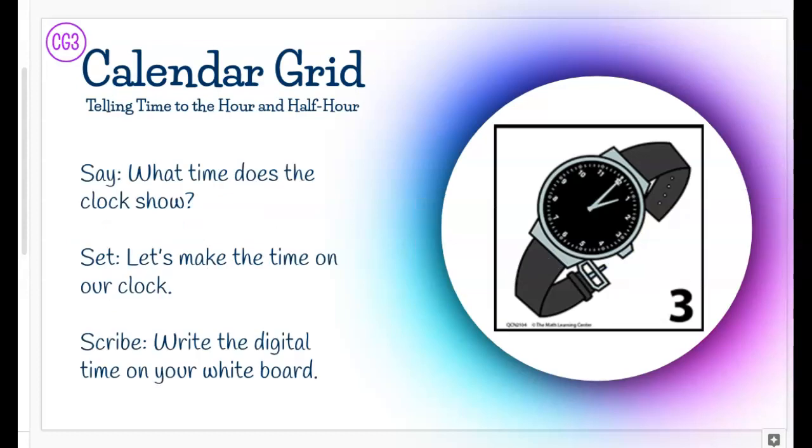What time does this clock show? This clock shows 1 o'clock. The hour hand, the shorter hand, is pointed to the 1 for the hour. And the longer hand is pointed to the 12 to show 0 minutes in that hour so far.